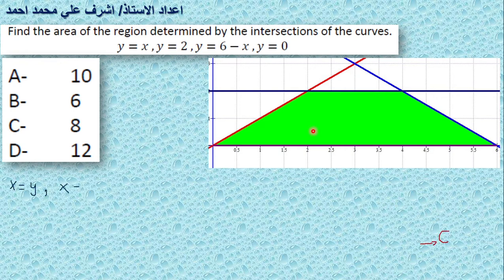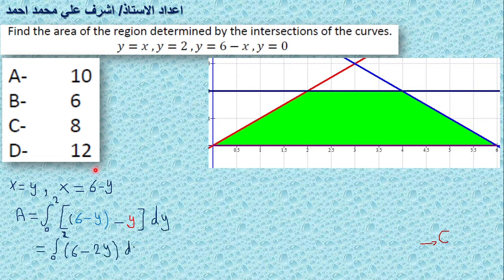So x equals y. y equals 6 minus x. We will solve for x to get x equals 6 minus y. So A equals the integral from 0 to 2 of blue minus red.